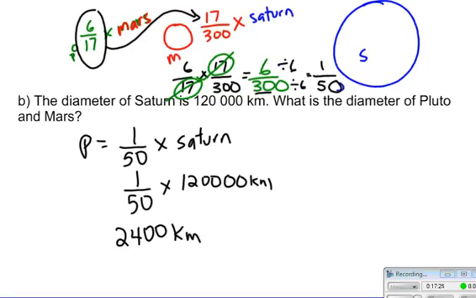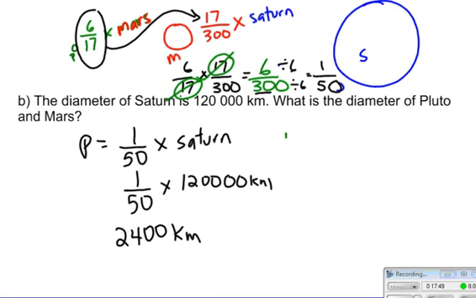Okay. For Mars, we have two ways that we could do this. For Mars, we could either go backwards, so we could take the diameter of Saturn to find our solution, or we could take the diameter of Pluto to find our solution. In this case, I'm going to use the diameter of Saturn.